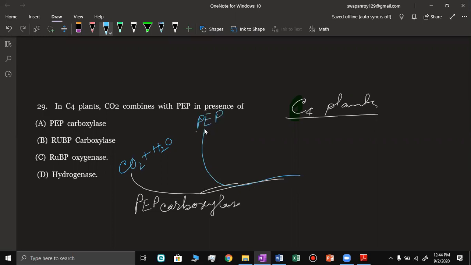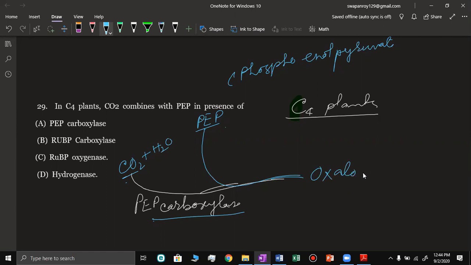PEP is phosphoenol pyruvate. This PEP, in presence of PEP carboxylase, combines with carbon dioxide and produces oxaloacetic acid. This oxaloacetic acid is a C4 compound, that is a 4 carbon compound.